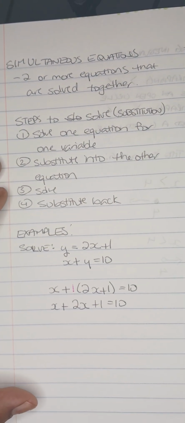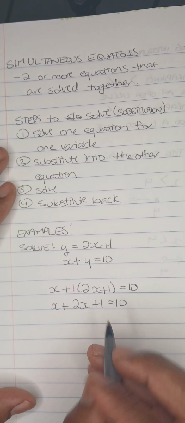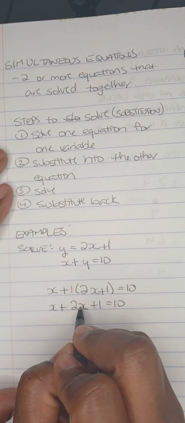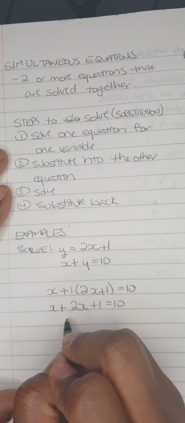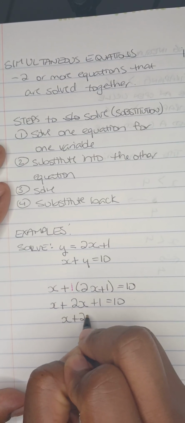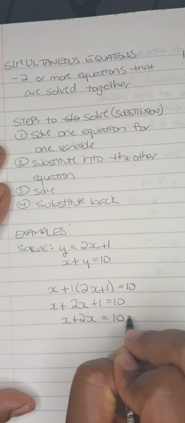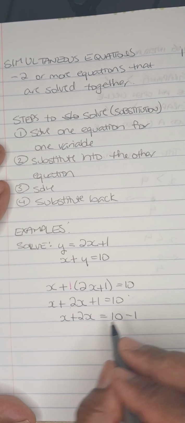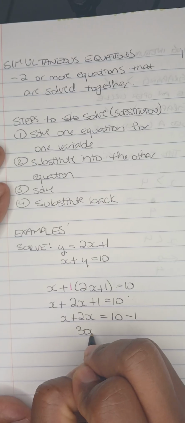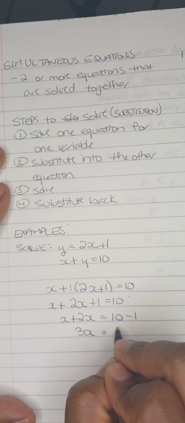And then the next step is regroup like terms and simplify. So we want to have numbers with variables on one side, constants on the other side. 2x plus x is equal to 10 minus 1 because we moved it to the other side and changed the operation. And so we have 3x is equal to 9.